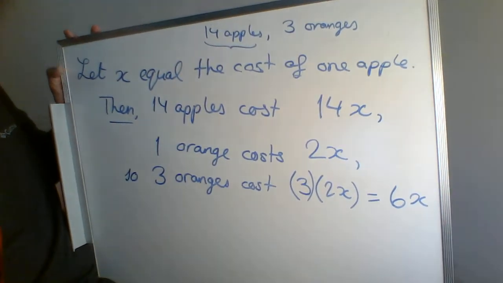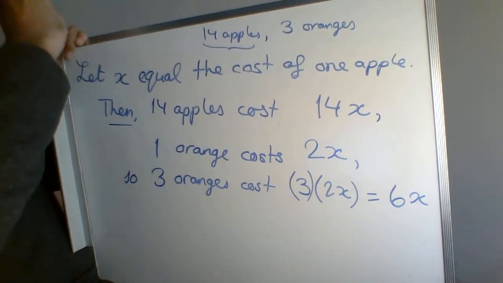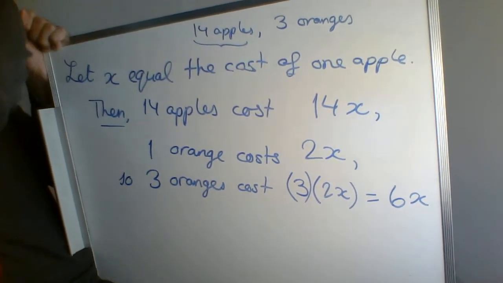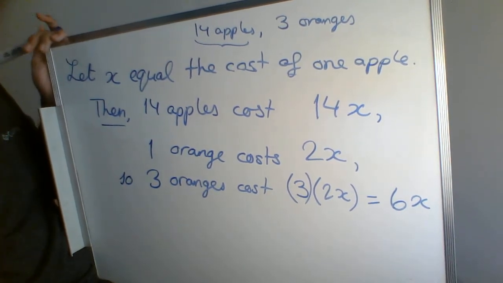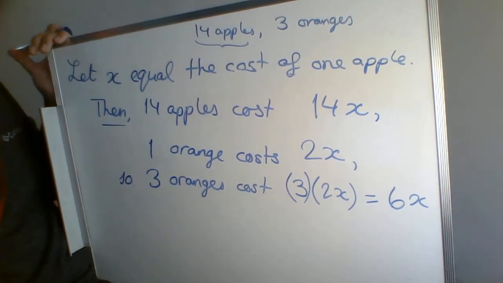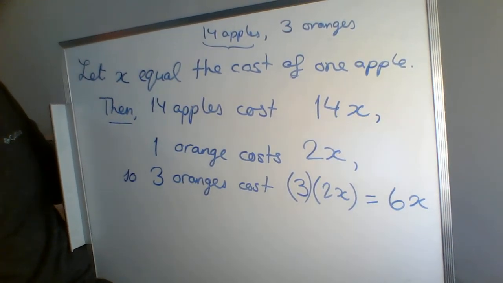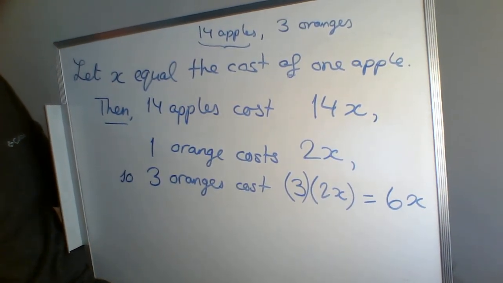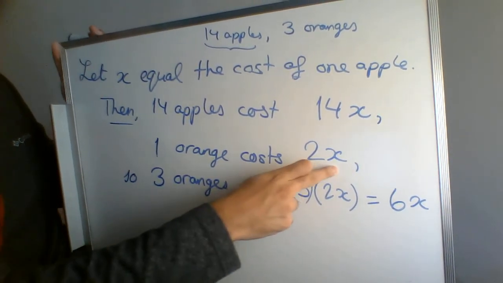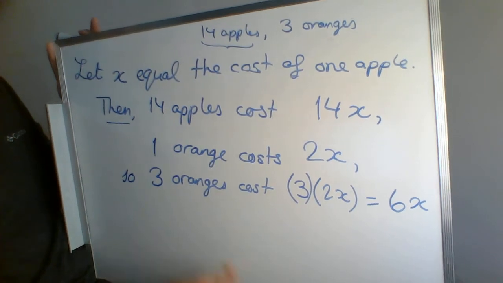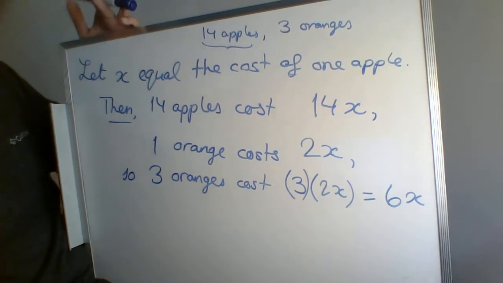Hopefully that's making sense. We've got x is the cost of 1 apple, so 14x is going to be the cost of 14 apples, and since the price of an orange is double that of an apple, 1 orange is going to cost 2x, where x is the price of an apple, so that means 3 oranges is going to be 3 times bigger than that, or 6x.